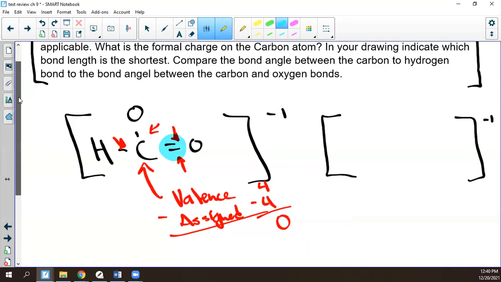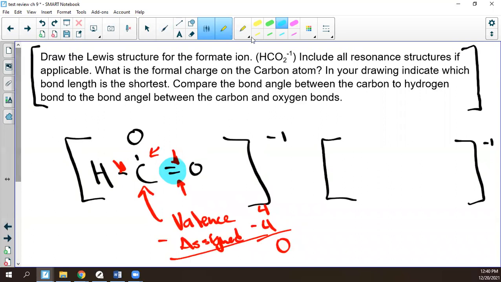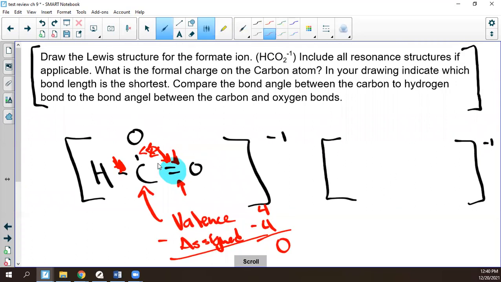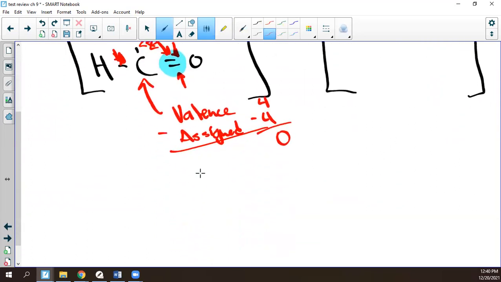All right, compare the bond length of this bond to these bonds. I don't need an exact thing, just a rough idea. What would we say about the bond length? The carbon double bond oxygen bond is shorter.